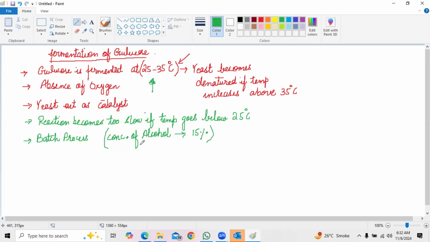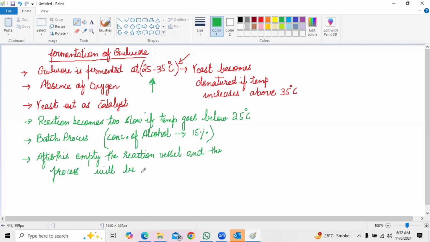And then what is going to happen? We have to empty the reaction vessel, and the process will be repeated again.